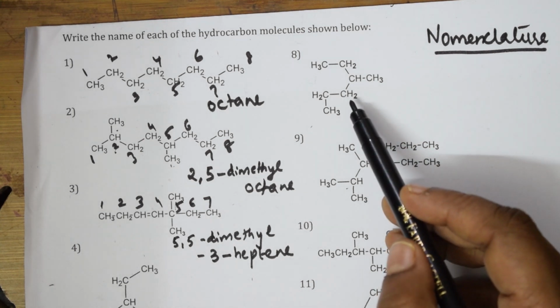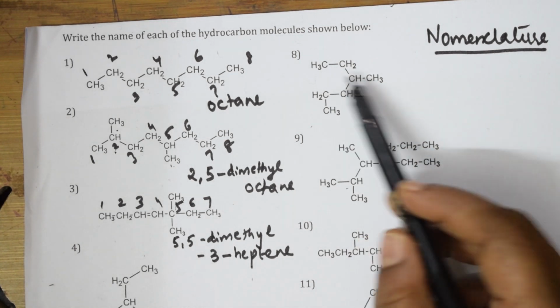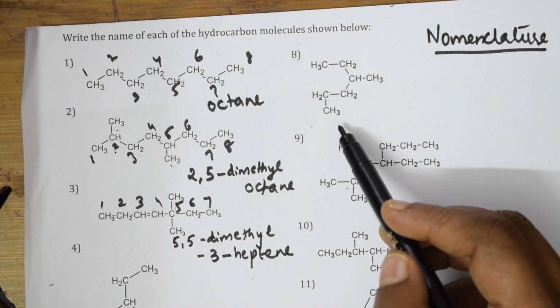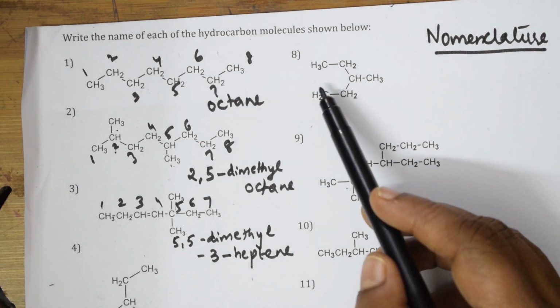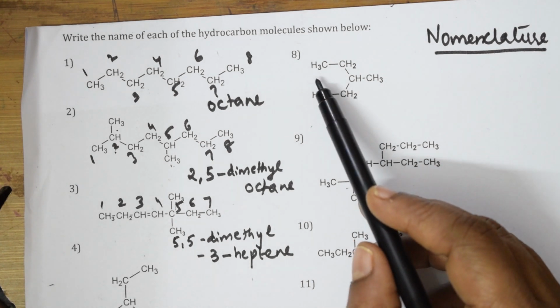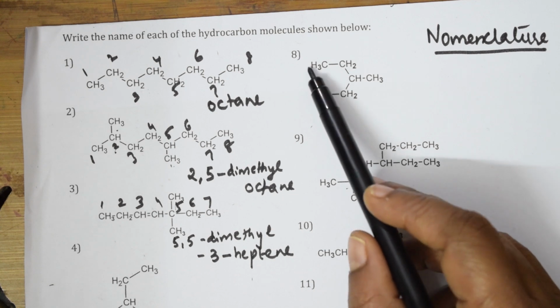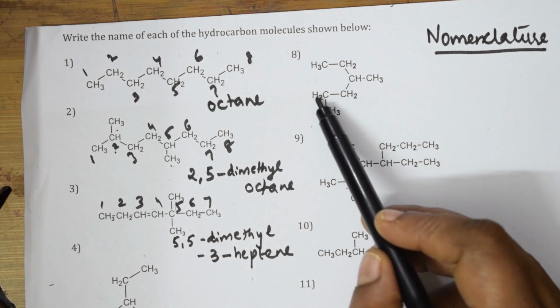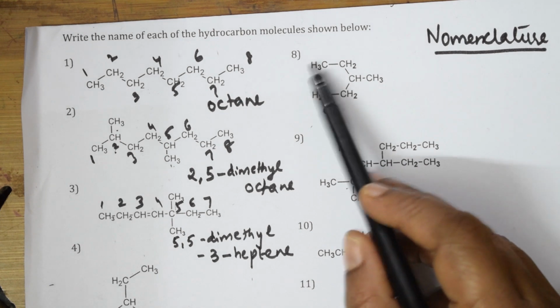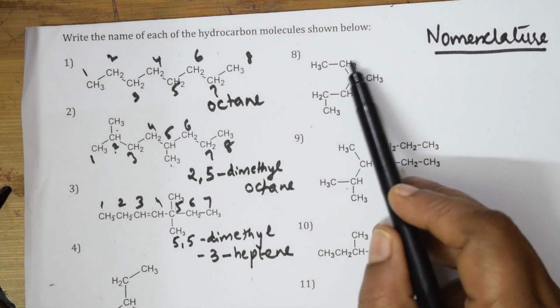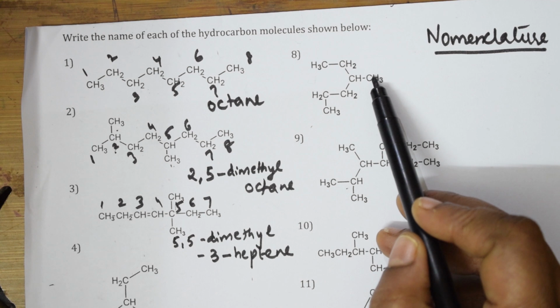So here in this particular thing, what is the example? They've given this compound. I need to write its name. Right, let's start. Here I should see the longest chain. What is the longest chain? If I take like this, 1 2 3 4 5. Suppose if I take in this way, 1 2 3 4, isn't it?